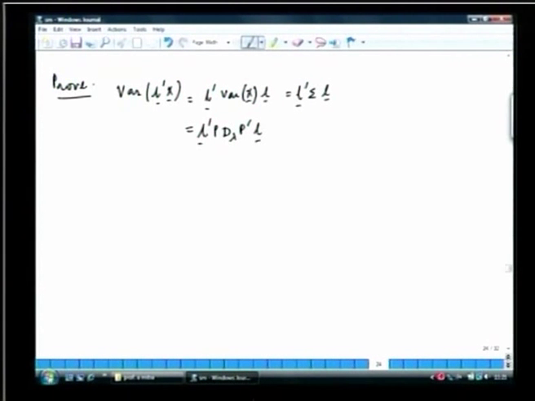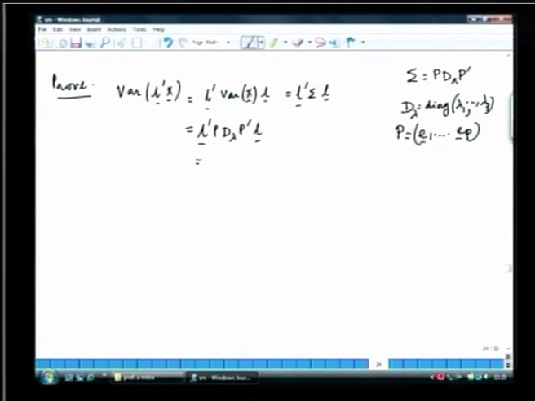Sigma is given in terms of its spectral decomposition P D_λ P prime. I have already said that the eigenvalues of sigma are λ1 to λp and e1 to ep are the corresponding orthonormal eigenvectors. So I know the structure of D_λ: it is diagonal with λ1 to λp, and the P matrix has e1 to ep as its columns, so P is an orthogonal matrix.